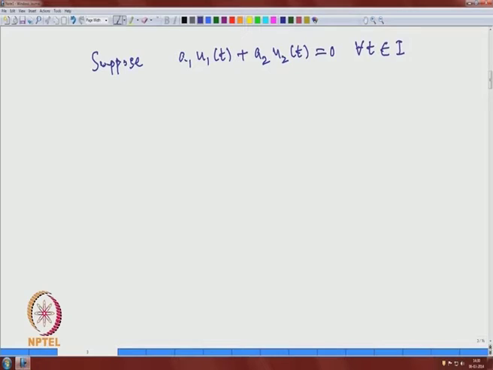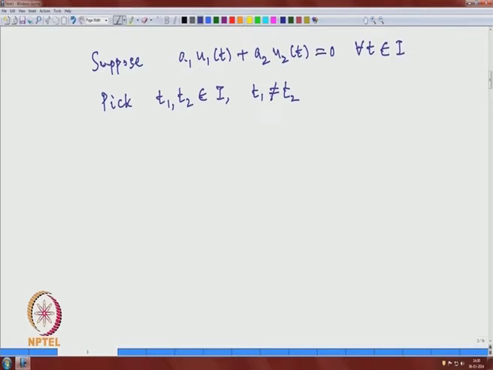Okay. So, when can I conclude a1 equal to 0, a2 equal to 0? That is my question. Okay. So, for this purpose pick t1, t2 in I and t1 different from t2.